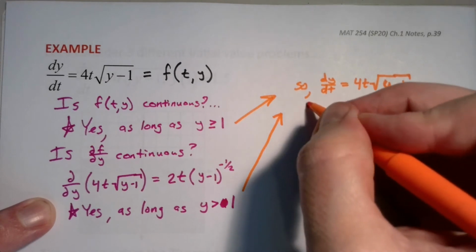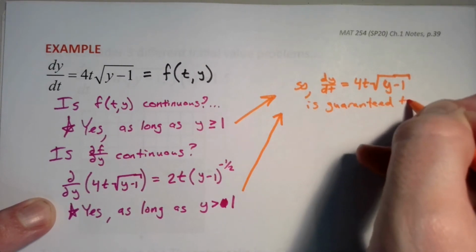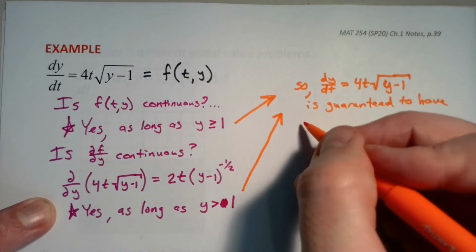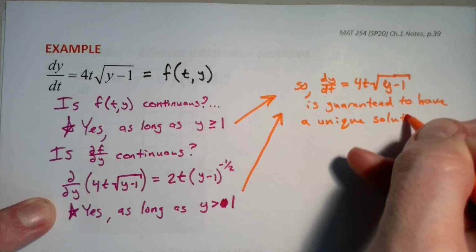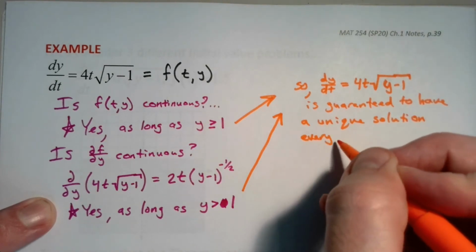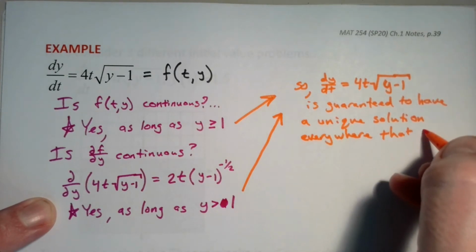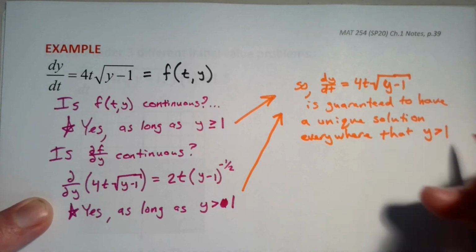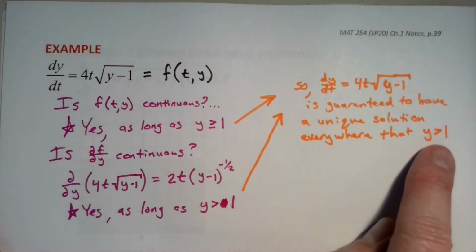This thing is guaranteed to have a unique solution everywhere that y is greater than 1. Because there's no restrictions on t, so any rectangle that I draw, as long as I draw that rectangle so that it's greater than 1, we should be all set.